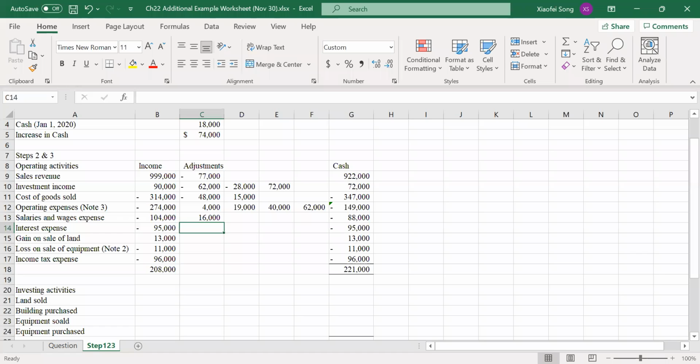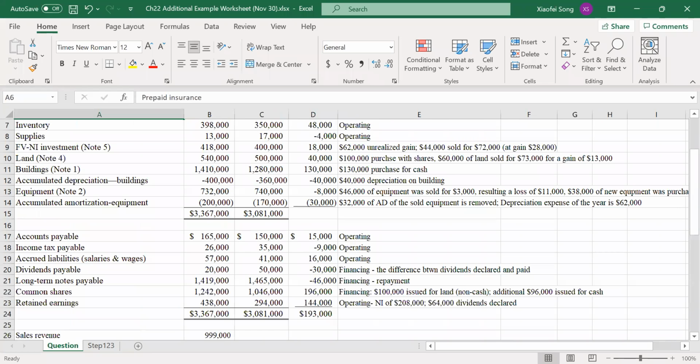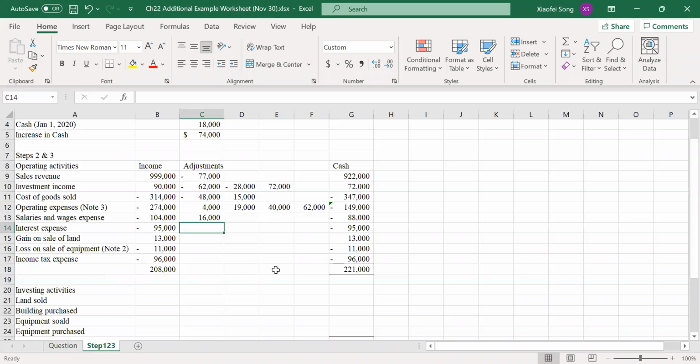Okay, and interest. Interest expense is 95,000. I do not think we have interest payable, so that means that's the amount paid. So we don't need to make an adjustment. That's fine, no adjustment. And the gain on sales of land has to be removed, right? Because that cash is financing cash flow.